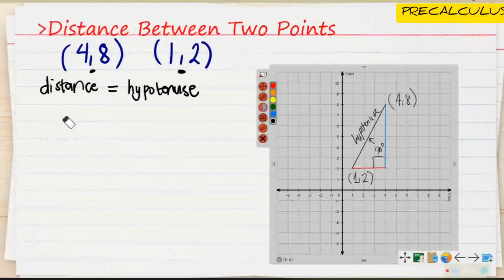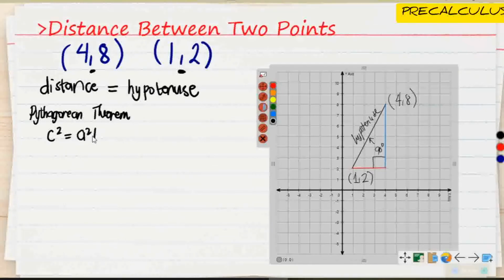And para mahanap yung hypotenuse na yan, or yung distance between these 2 points, pwede natin gamitin ang Pythagorean theorem, which is c squared is equal to a squared plus b squared.